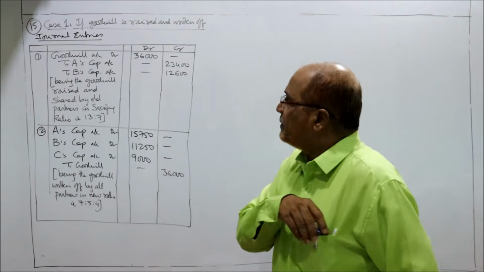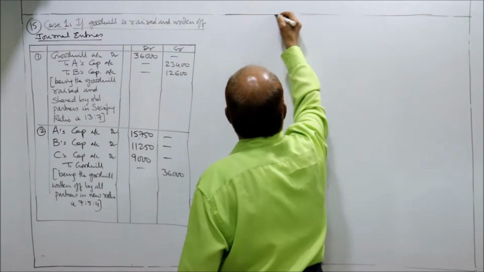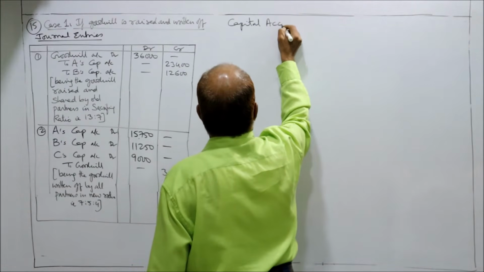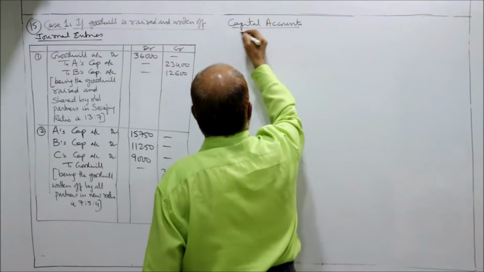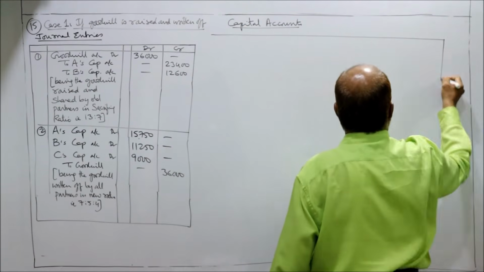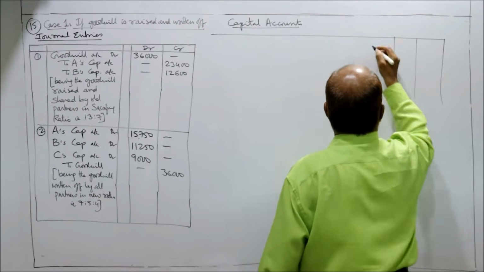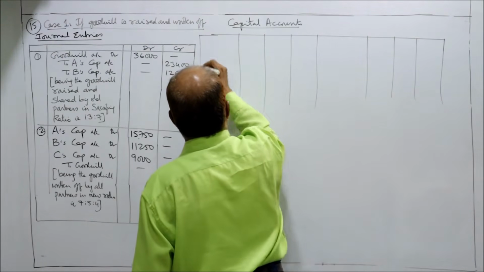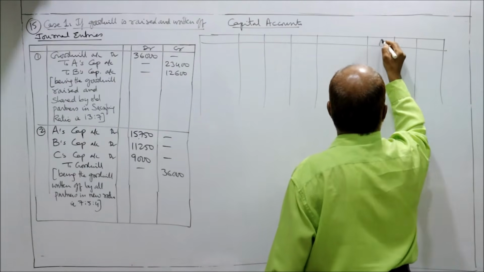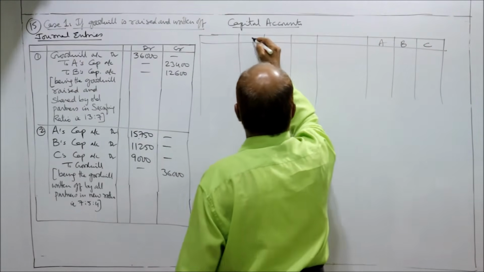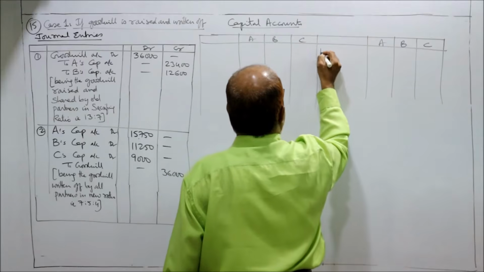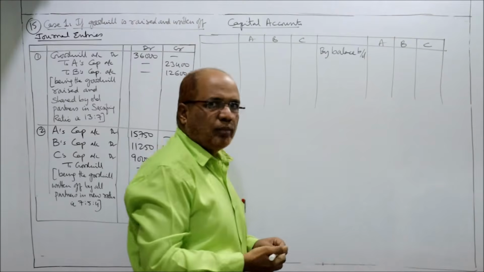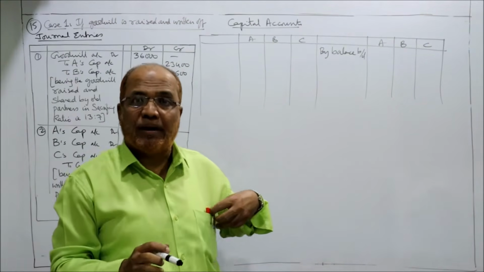So now we'll make the capital accounts and balance sheet. By balance brought down. Balance brought down will be there only for the old partners.